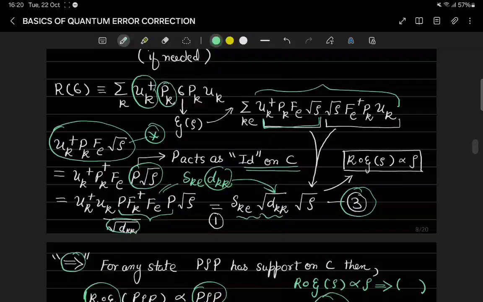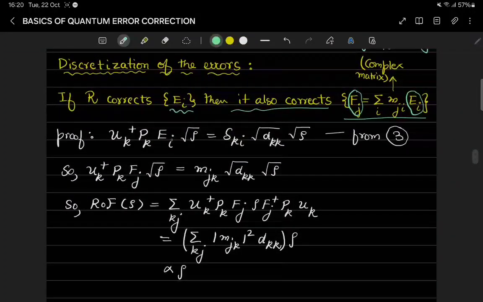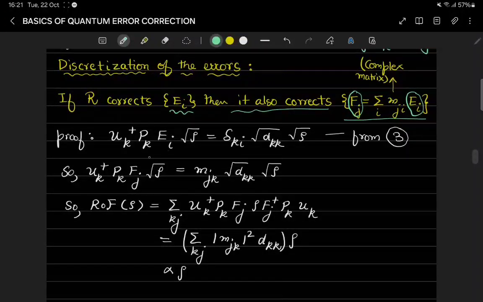What I have written is u_k dagger P_k E_l under root of rho is equal to this particular side. So this is the third equation, and here also I have written the same thing. And now what I will do is I will write this E in terms of F. So this can be written by simply substituting.